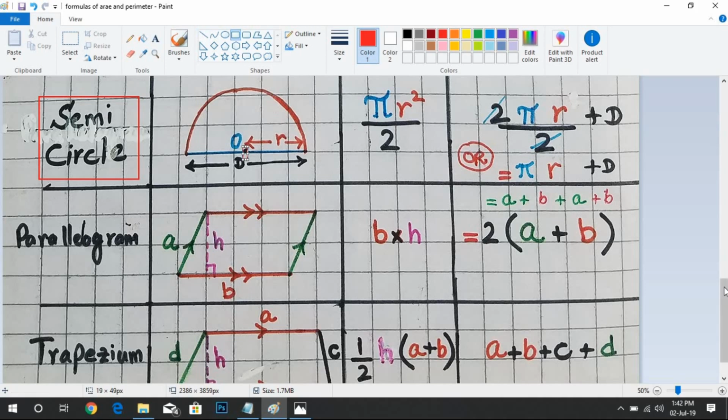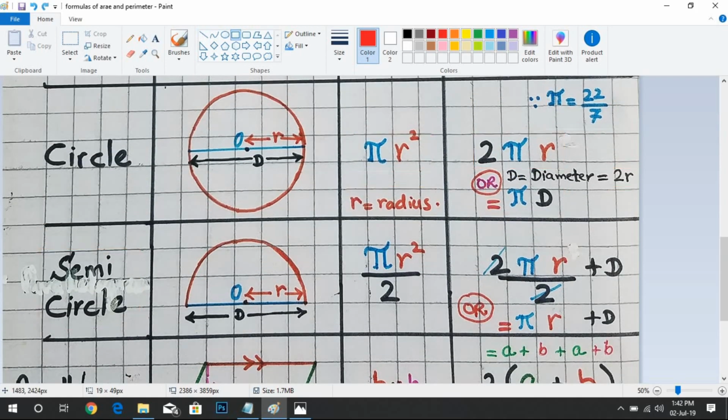Now the area of a circle is pi r square. We write it as pi r square divided by 2, which is the area of the semicircle. The formula for the perimeter of a circle, divided by 2, is the perimeter of a semicircle.